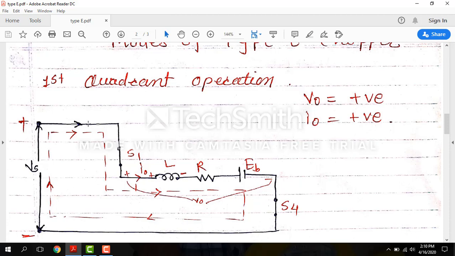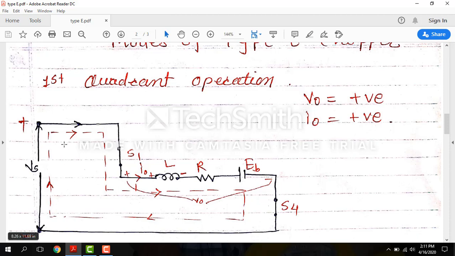Here is the direction of the supply current, and this is the output current direction, shown in red. This is the current I0 which is flowing through this load.